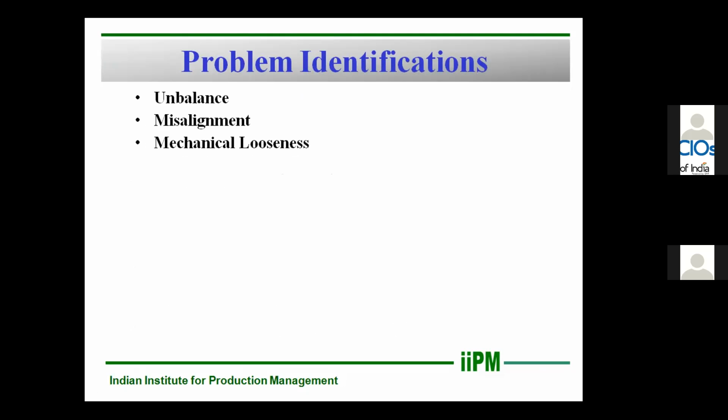Unbalance. It is a major vibration problem in industry. Most machines face this type of problem. Misalignment, whether it is angular misalignment, parallel misalignment, or both. Mechanical looseness: looseness of the bolt, looseness of the system, looseness of the supporting structure.